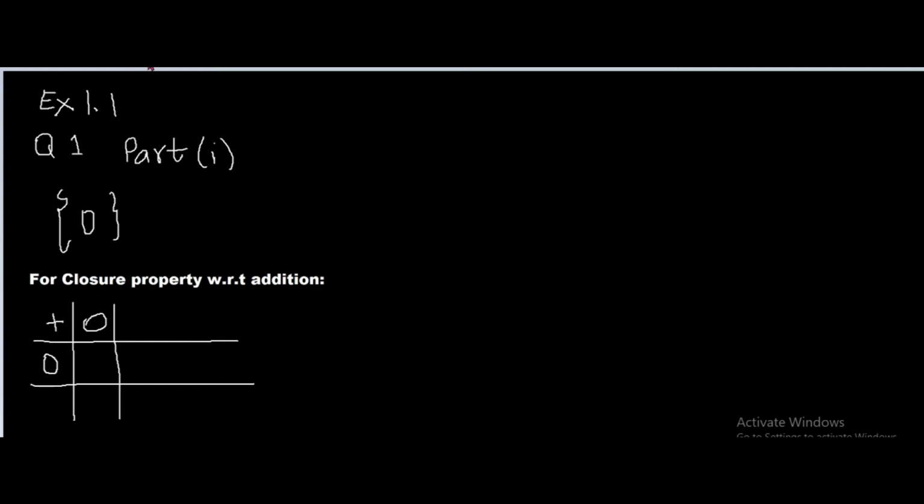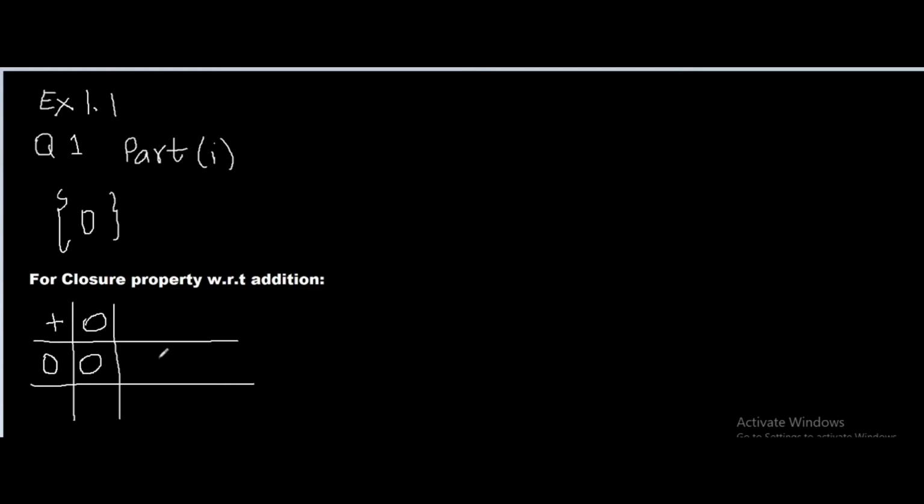Since the first member on the right hand side is 0, this will be written in this box as 0. Then on the vertical side, again the first member is 0. So 0 plus 0. Why plus? Because the plus operation has to be performed here. So 0 plus 0 is equal to 0. So you will write 0 at this place.